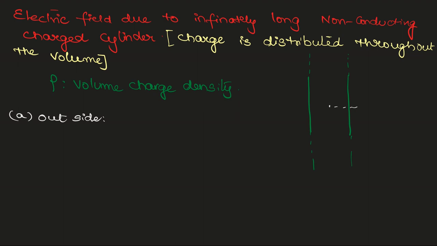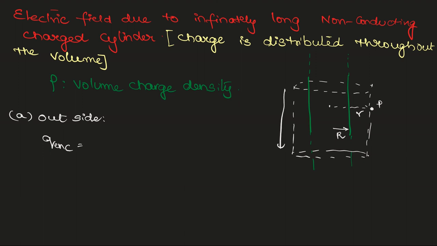If we construct a Gaussian surface, again we are considering the same dimensions. Its radius is r. We are considering a point at a distance r. If we construct a Gaussian surface, then charge enclosed will be equal to, if its length is L, density into volume of that cylinder.